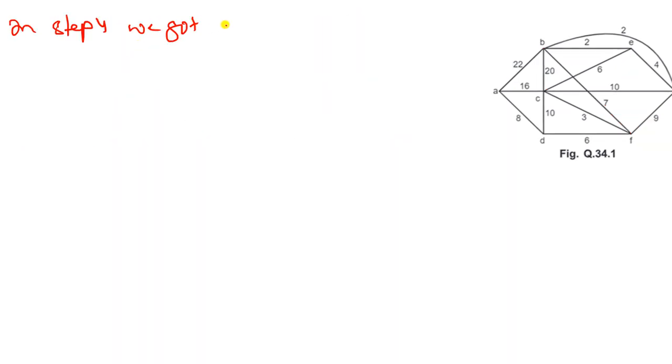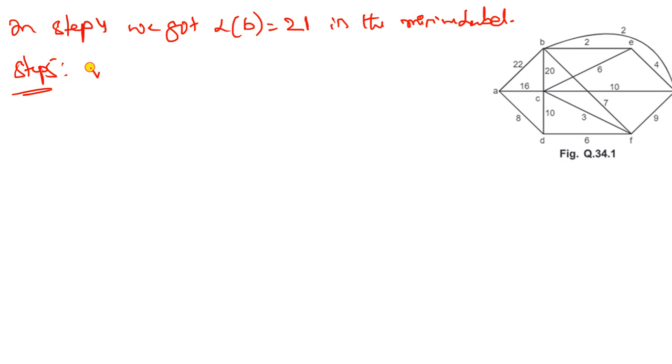So we got L of B is equal to 21 as the minimum label. Now what we have to visit in the next step, step 5. Now V becomes B and T becomes still E comma Z.